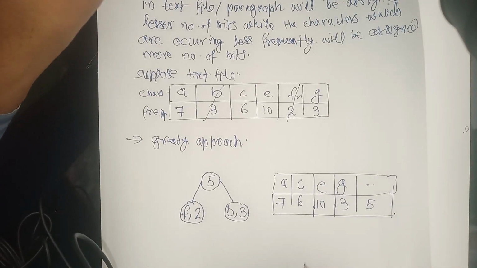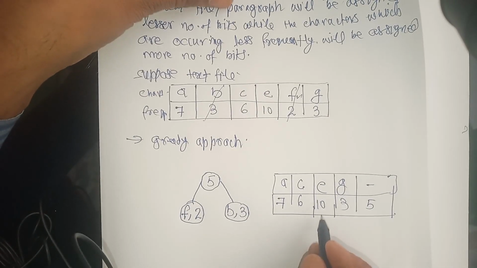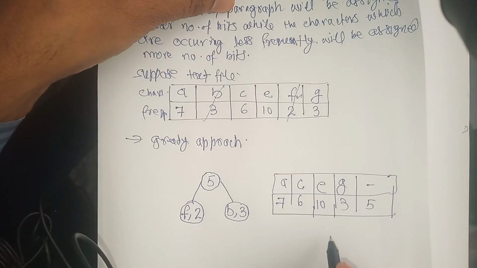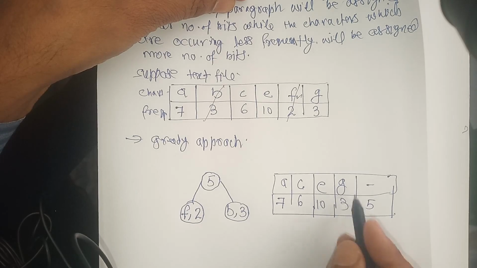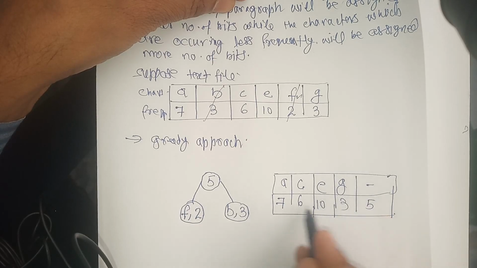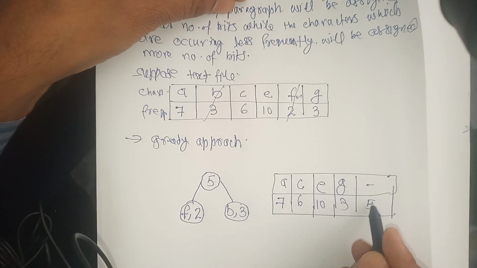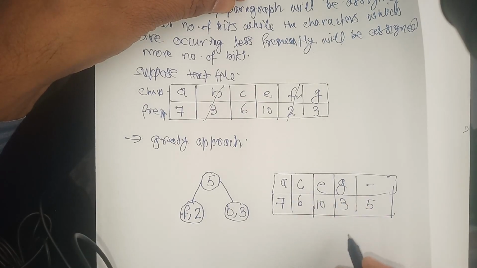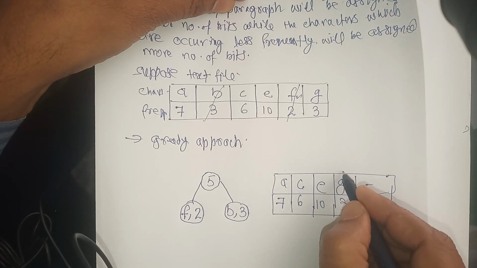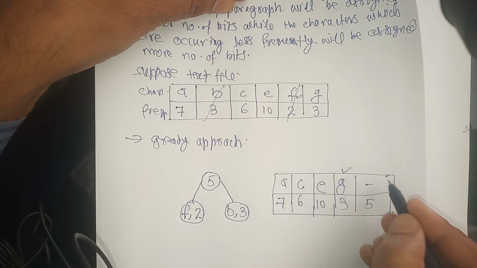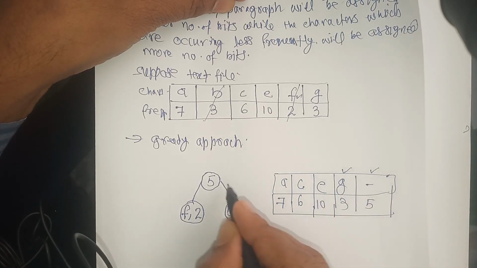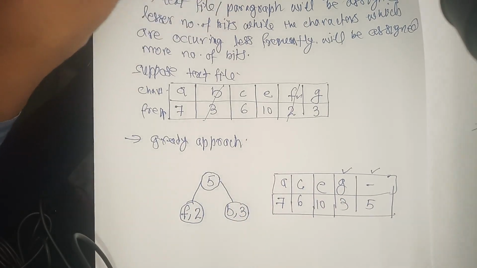Now what do we have to do next? We have to repeat the same procedure. Again we select the characters or nodes whose frequency is lowest among all. Here we get two nodes, G and this one, which is already a tree.